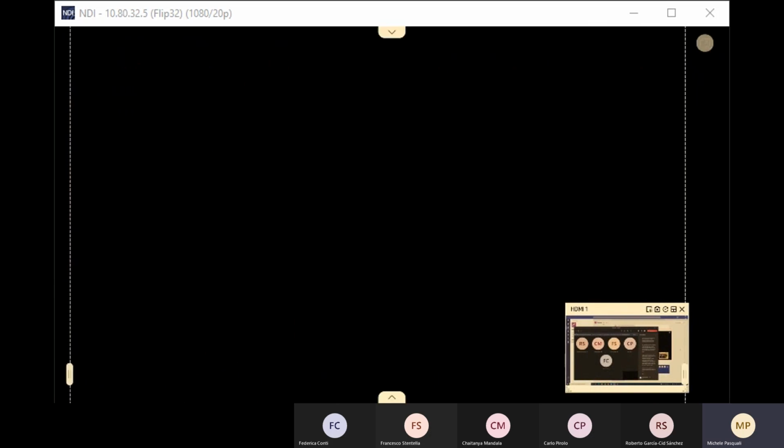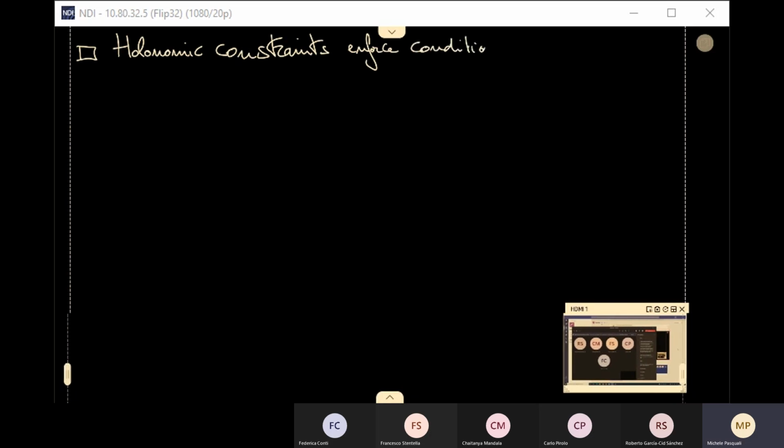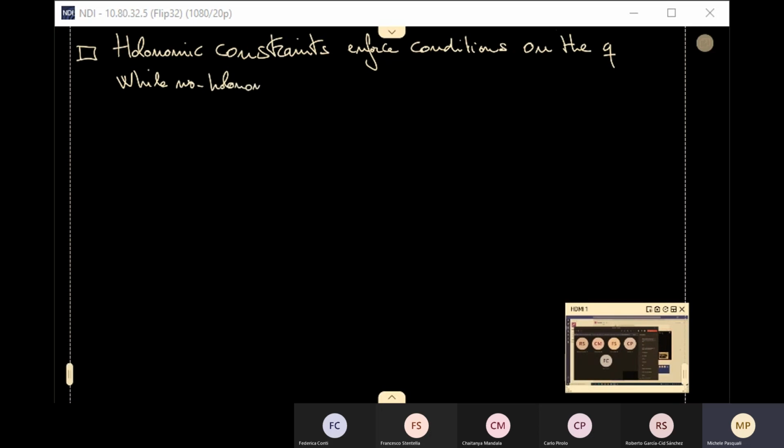So let's go a little bit deeper on that. So the question is, holonomic constraints enforce conditions directly on the q's, while non-holonomic ones enforce conditions on their variation in time.